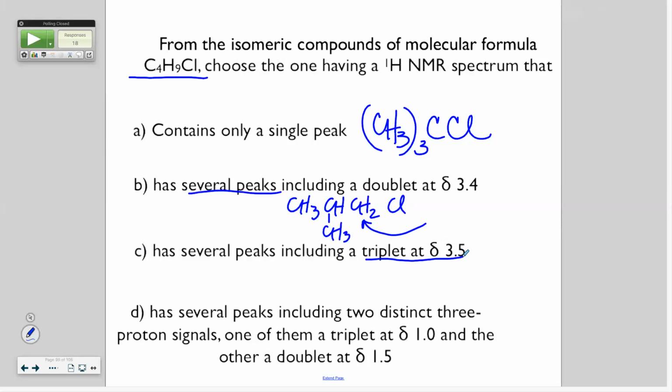Okay, this one has how many neighbors? 4, so I'm going to write M. This one has how many neighbors? 5, so I'm going to write M. What's M for? Multiplet. Okay. This one has how many neighbors? 1, so it will be a doublet. Okay, so who has a triplet? Is there going to be a triplet at 3.5? Who's going to be at over 3? This one is, right?